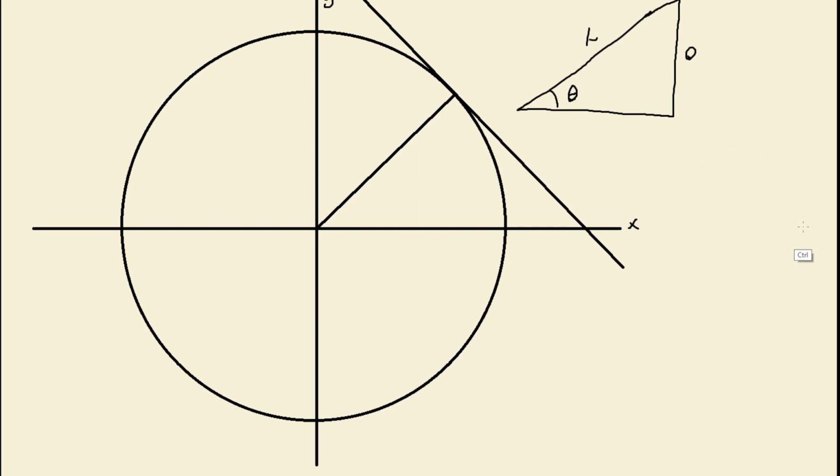And the reason that the unit circle is interesting is because the hypotenuse here is just equal to 1, because it's the radius of this circle. And so if we drop an altitude down from the point where the radius intersects, sine of this angle is going to be opposite over the hypotenuse.